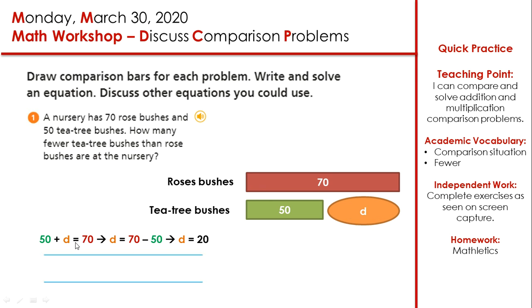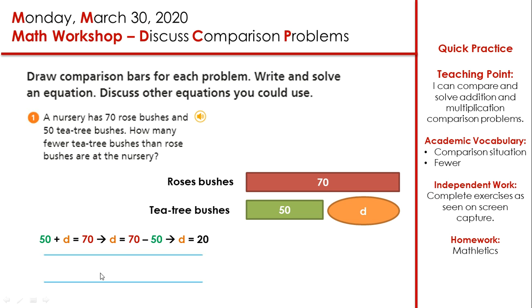Now, if I solve for D, if I actually draw a math mountain, I need to subtract the item that I have from my total. So that means that I will subtract 50 from 70, and that would be equal to 20, right? You could do some mental math right there.